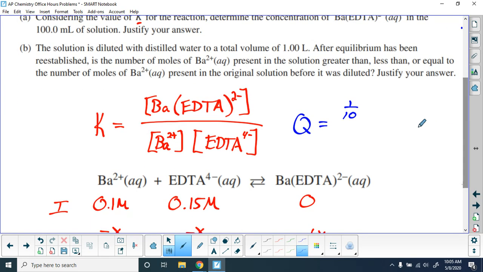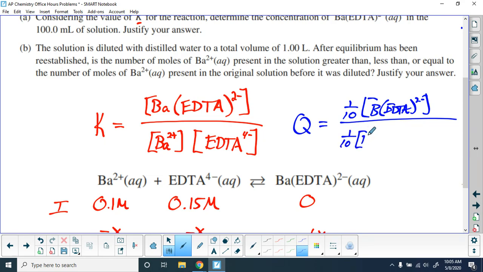So I get 1/10 of my concentration of barium EDTA, and if I dilute it to 1 liter, I also get 1/10 of my concentration of barium ion, and I get 1/10 of my original concentration of my EDTA.